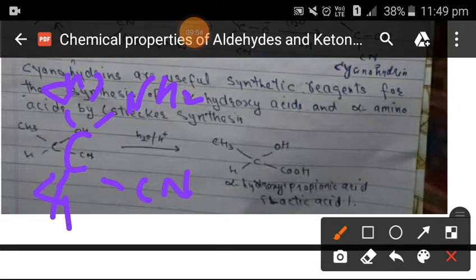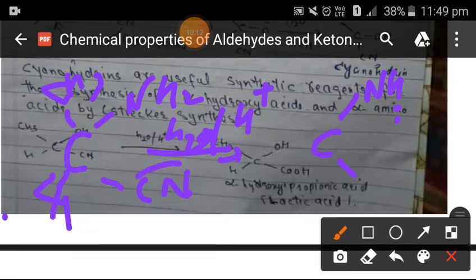This further in the presence of acid forms alpha amino propanoic acid. The NH2 group gets added here, and instead of cyanide you get the carboxylic group, with the CH3 methyl group and hydrogen.